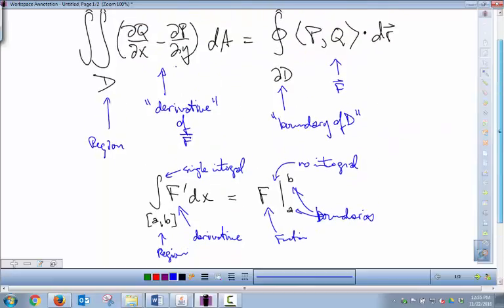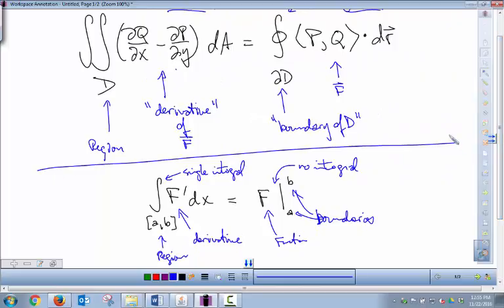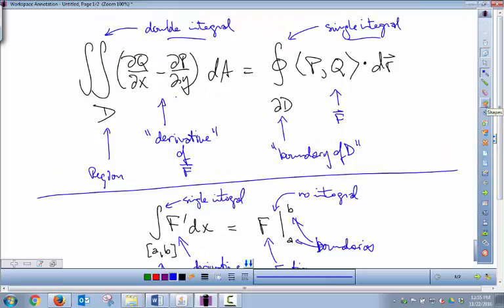Green's theorem is really the fundamental theorem of calculus. So we go from an integral of a derivative over a region to the original function evaluated at the boundaries. Okay?